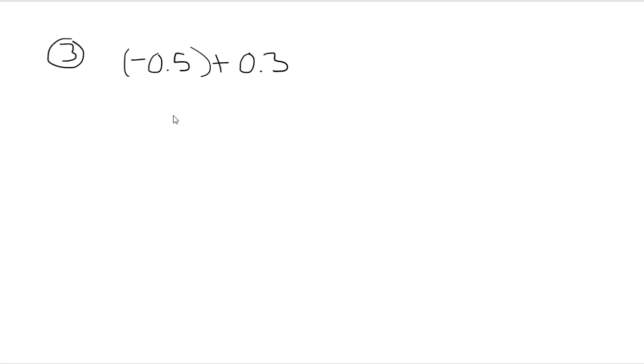Let's go ahead and look at number 3 on your worksheet. On number 3, we have a negative 0.5, so that means we would owe, and then we have a positive 0.3, so that means that we would have. When we look at these, we know that 0.5 is bigger than 0.3, so the owing amount is more than the having amount.